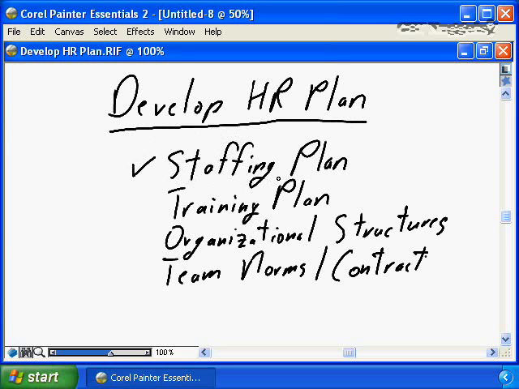Defining who is required, when they're required, and what their skill sets are going to be. Once you have the staffing plan fulfilled, once you know who you're going to receive on the project, you can then develop a training plan. Do you need to provide training to your team to provide additional support, additional knowledge, additional skills to the people that were identified and staffed to your project based on the plan to ensure that they are equipped to deliver the tasks assigned to them on the project?